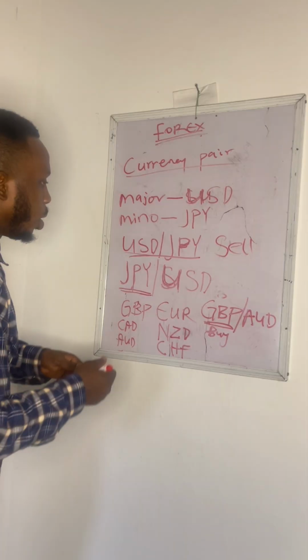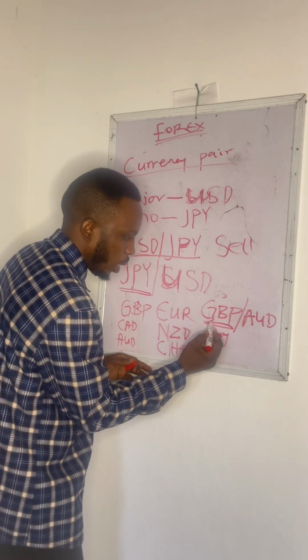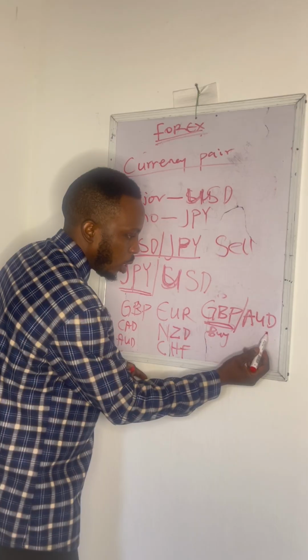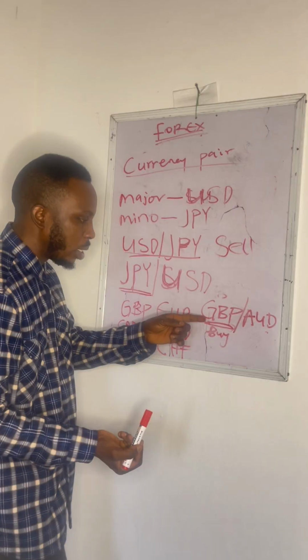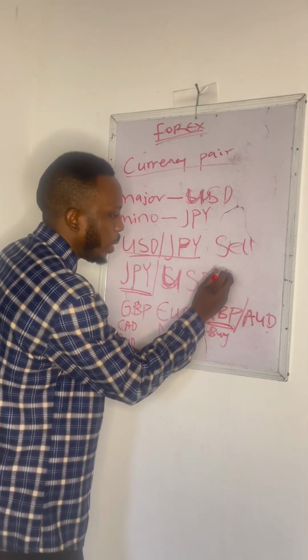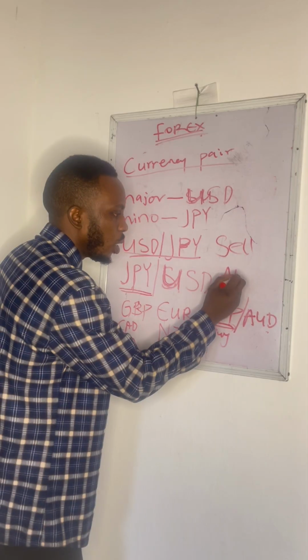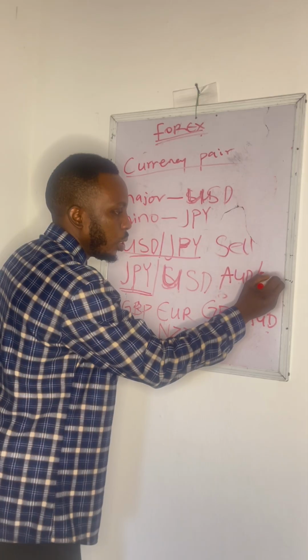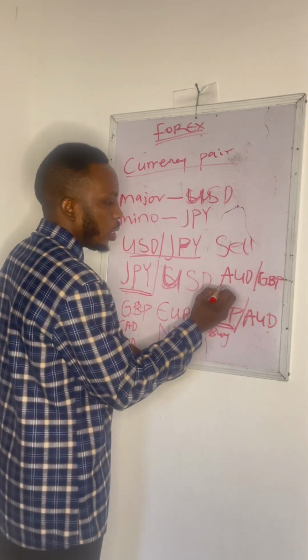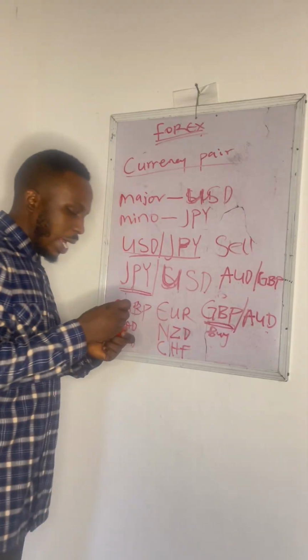Lesser country pair. So GBP here has strength over AUD. But if AUD should gain its strength against GBP, we'll have something like this: AUD/GBP. You get? So this is how it works.